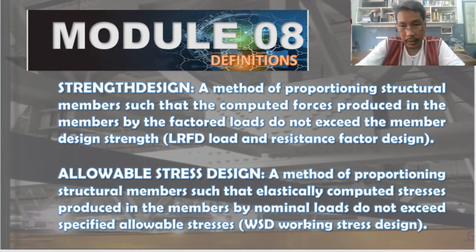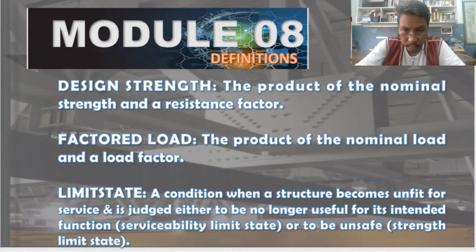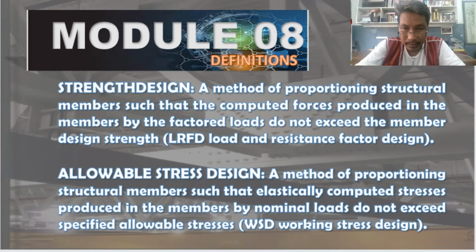Strength design. Design strength is different from strength design. So strength design is a method of proportioning structural members such that computed forces produced in the members by the factored loads do not exceed the member design strength. Okay.